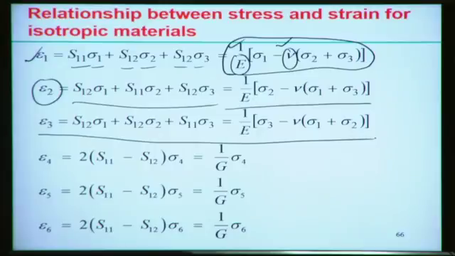Epsilon 4, epsilon 5 and epsilon 6 can be represented in terms of S44, that is, the shear modulus G. So these are the three-dimensional stress states within the elastic limit, where different strain or stress components can be correlated with the elastic constants.